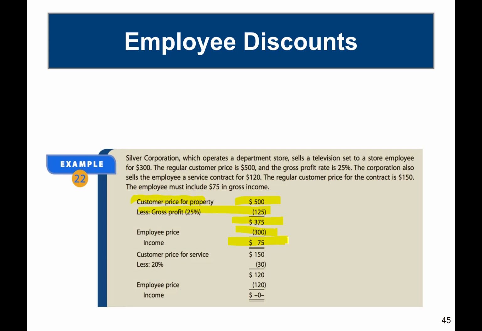Tax if there was a reduction in price that was more than the 25% of the customer price, right? Okay, you take off the 25% of gross profit. Now, if it is for a service, they just take 20% off of the customer price. That's $120, and the employee price is $120. Then there's no income on that. I guess you're getting your hair cut or something.